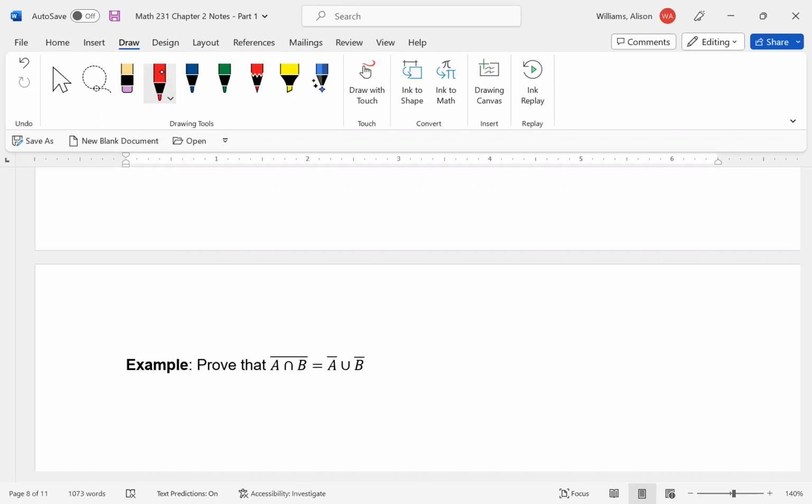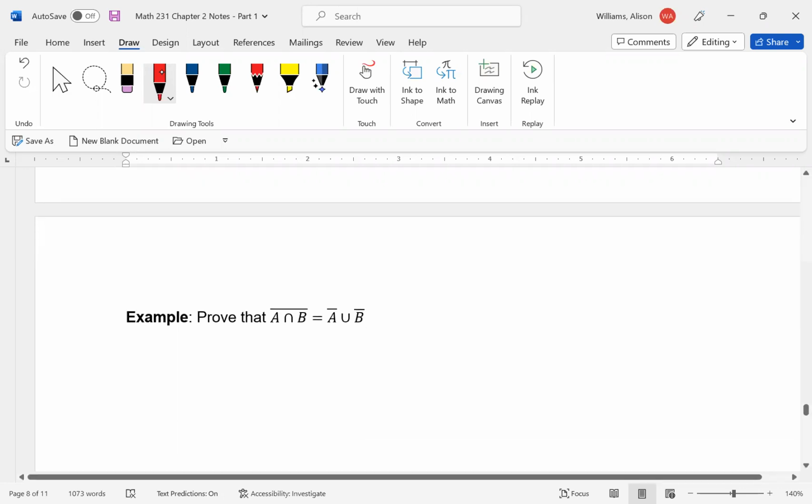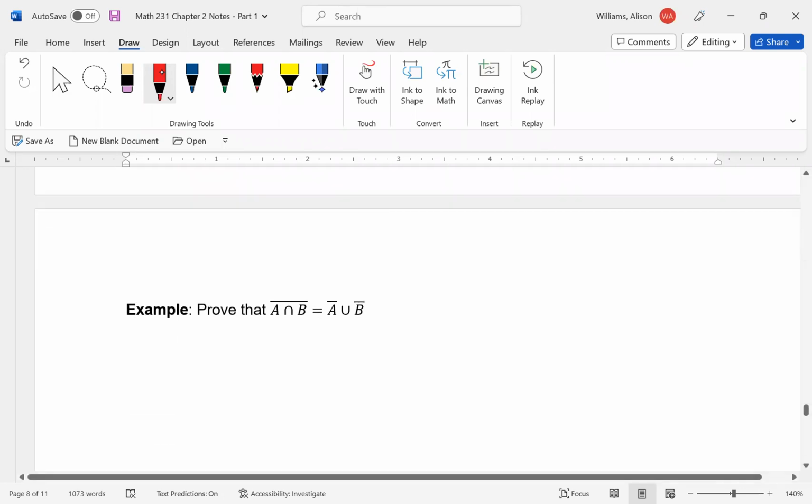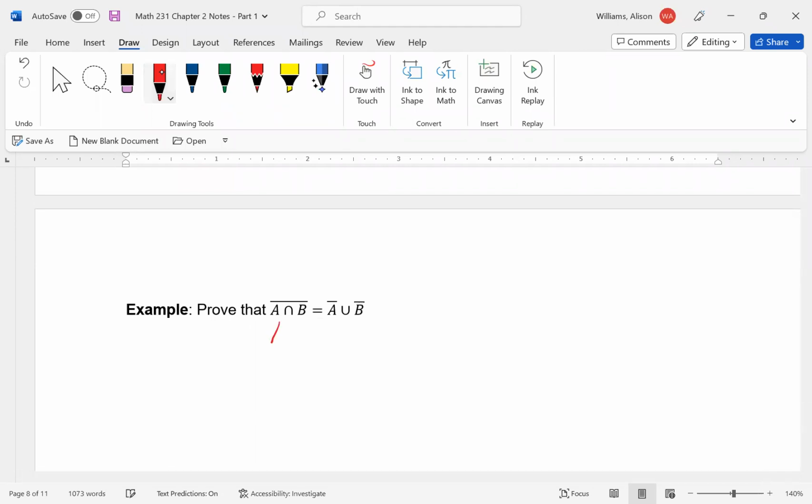Let me explain what I mean by that. The set builder notation for this is all X such that X is not an element of A intersect B. That is the definition of complement.